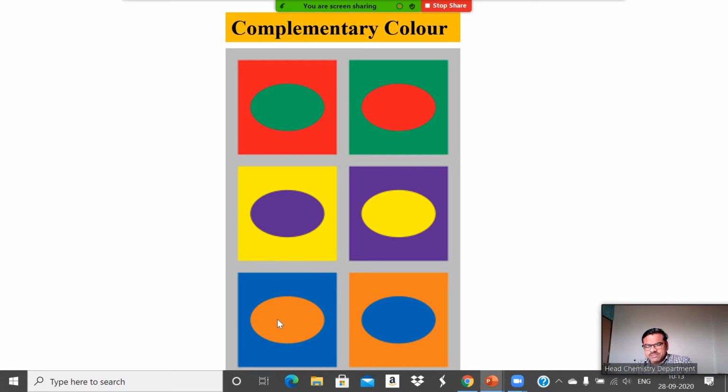When any object absorbs orange color, its complementary color is blue.